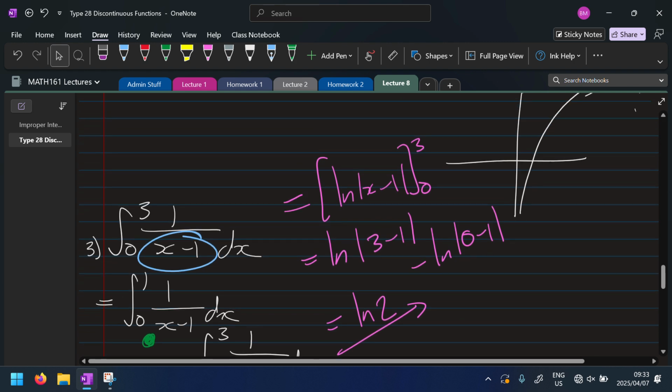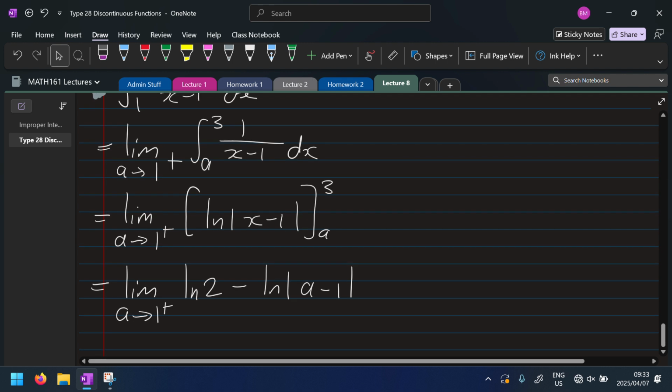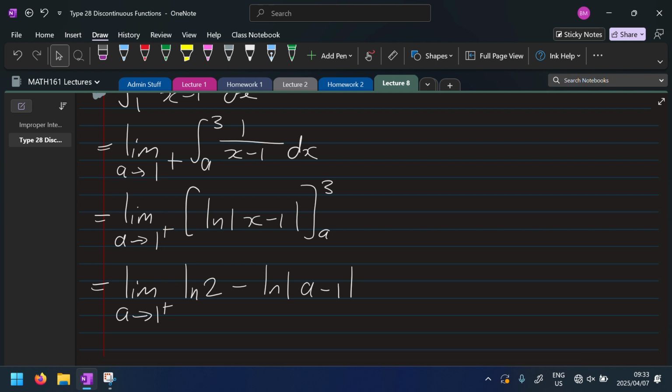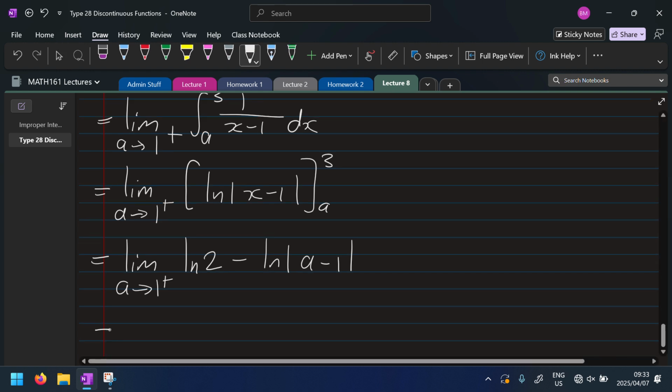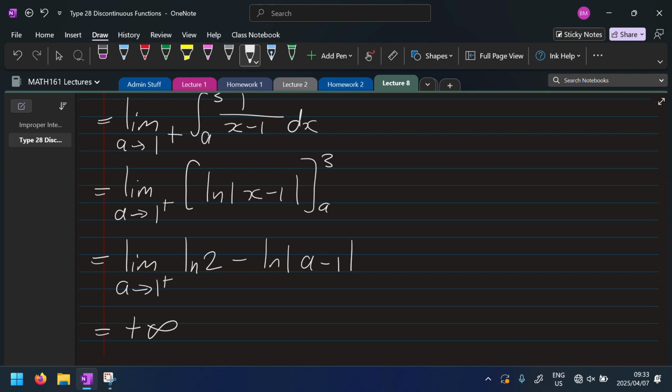But it's not just that, because this a minus 1, what happens when a goes to 1? This logarithm is going to go to minus infinity. So this whole thing will go to plus infinity, because the log goes to minus infinity and you have a minus in front.